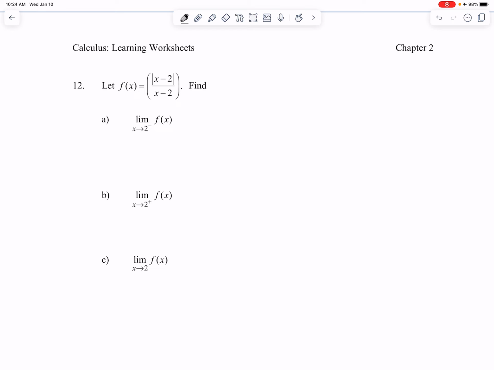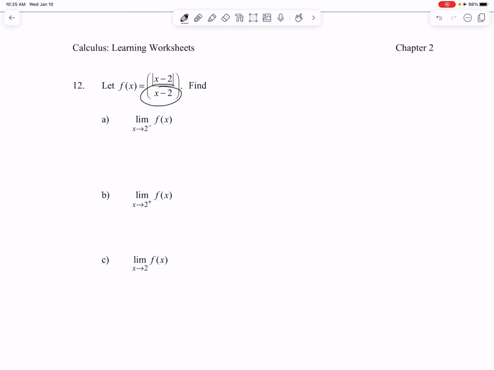So as x approaches 2 from the left, the numerator is going to be positive because it's an absolute value. We're looking at values that are less than 2, and after we do our subtraction and take the absolute value, we're going to have positive numbers, but the denominator doesn't have that same absolute value.